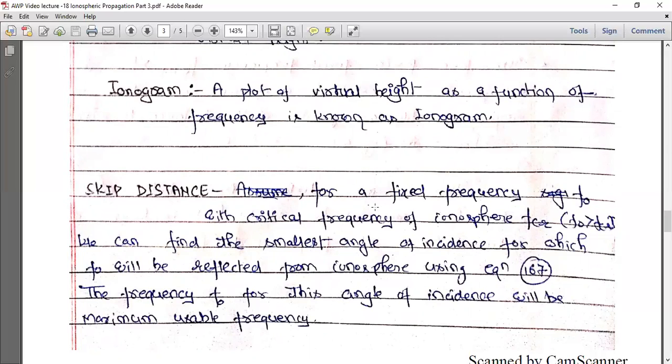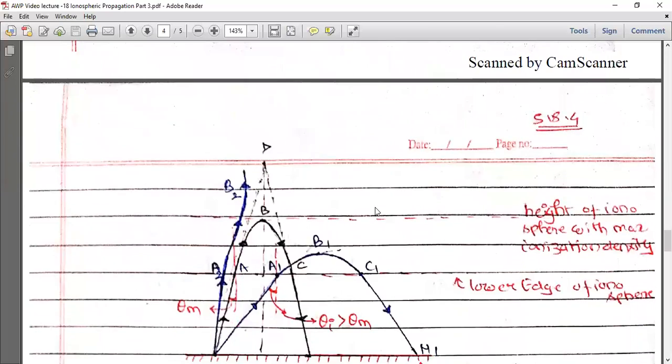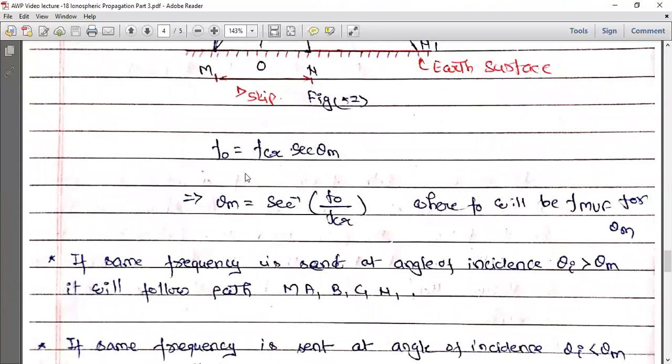If we assume that this f0 is the maximum usable frequency at that angle of incidence, then using equation number 167, we place f0 in place of fmuf, and fcr we already know. For this known fmuf, you can find the value of theta, and the angle of incidence is given by sec inverse of f0 upon fcr.